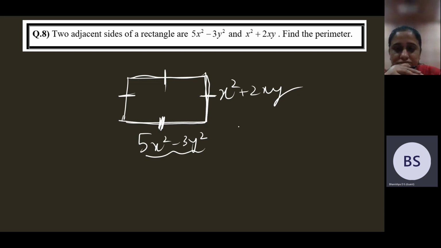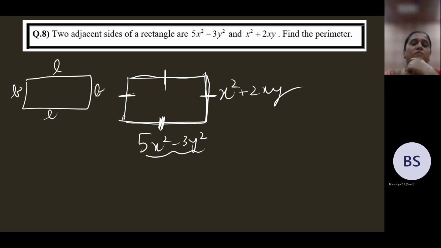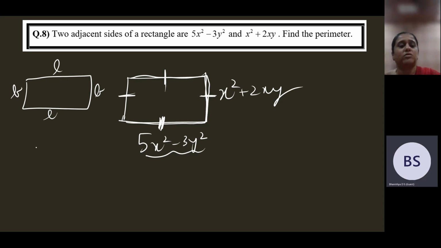Mom, yeah. L plus B. No. Now tell me what is the perimeter? What will you add to find the perimeter? Mom, L. L?